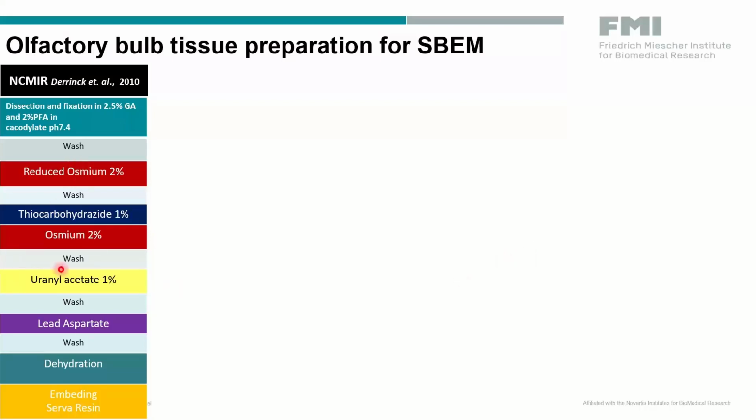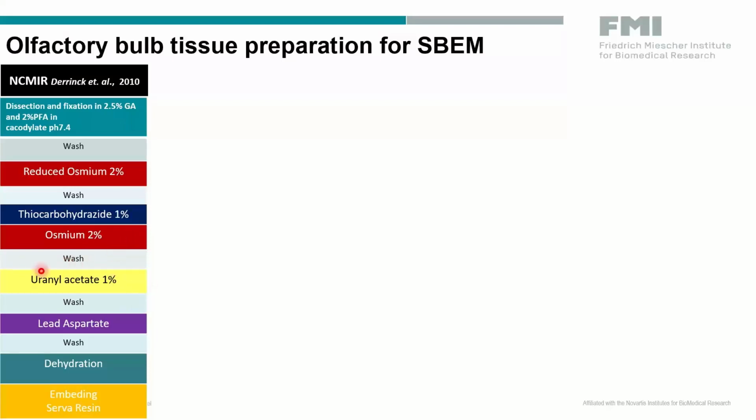So the protocol from Ranke and Ellisman is an accumulation of heavy metal on the sample. So it's different steps of osmium. In addition, you have this thiocarbohydrazide that bridges the two osmium steps to make more and more layers of heavy metal in the sample.